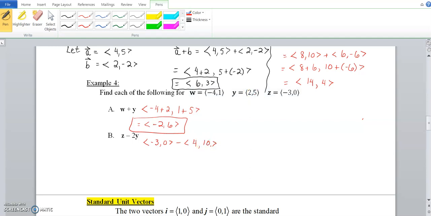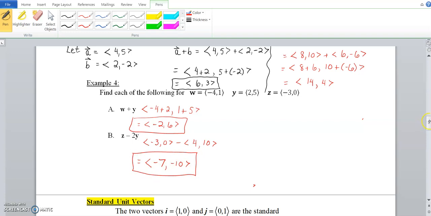Now we have our components. We look and say -3 minus 4 is -7, and 0 minus 10 is -10. And that is how you do those.